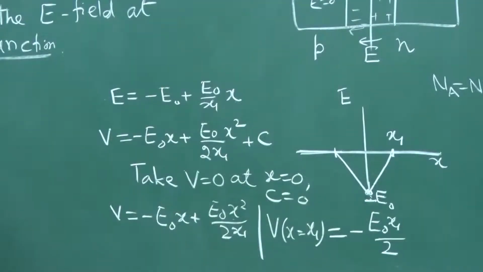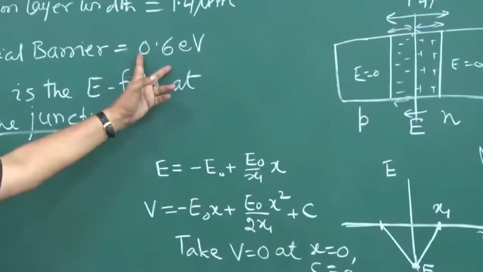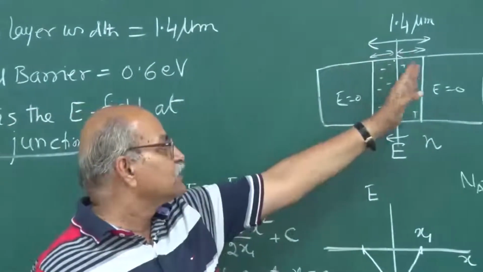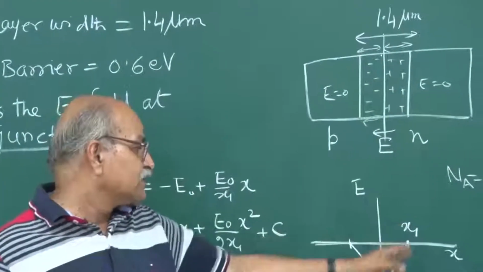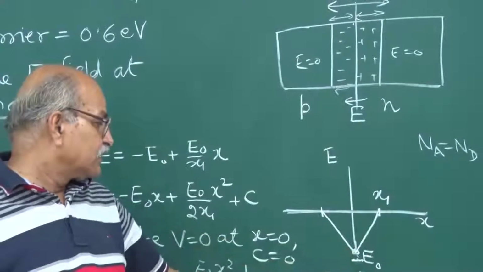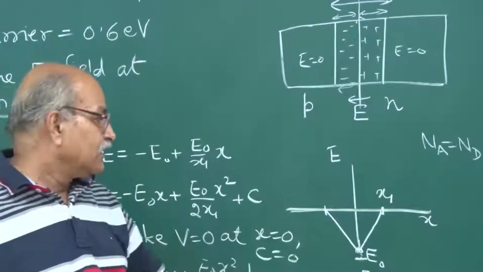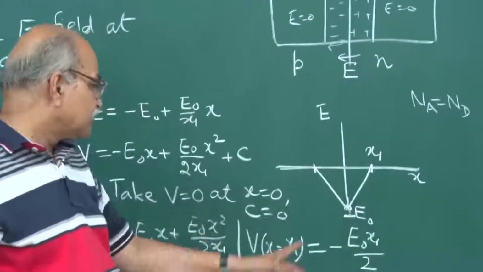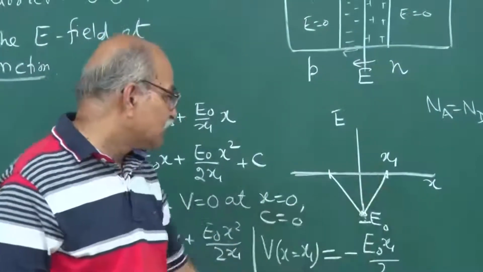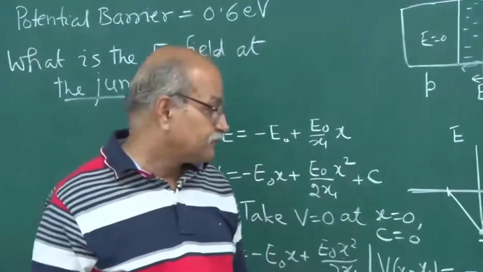But the total potential barrier is 0.6 electron volt, and it is symmetric here. So if you have 0 potential here and this side it is something, the same will be on the other side. And this difference from x equal to 0 to x equal to x1 should be 0.3 volts.